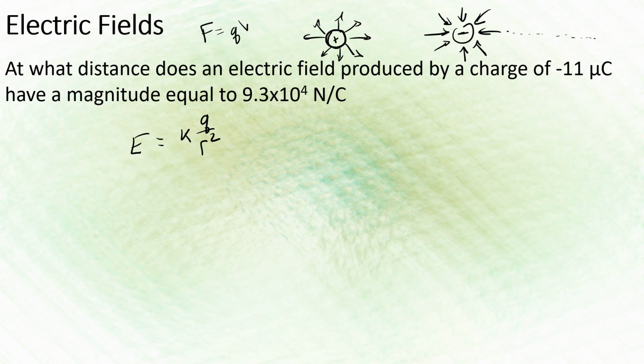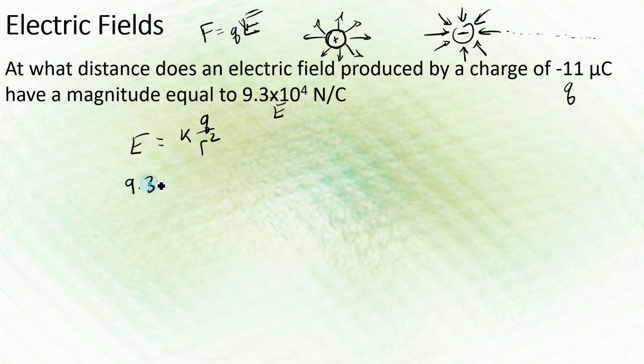And just to know, our other one was F equals QE. We know this is our E, and this is our Q, and we're looking for r.